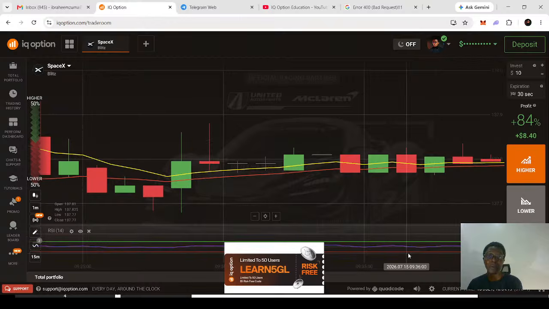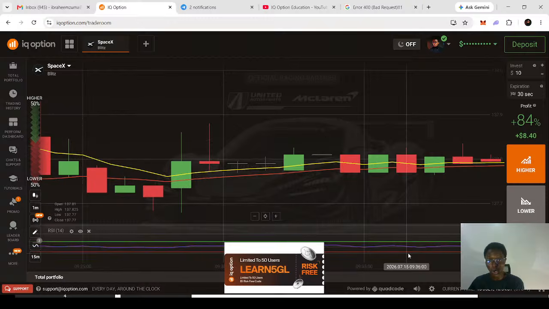It means the sellers are already exhausted, and the market is going to reverse and start going upward, with the momentum shifting from bearish to bullish. So that's what this means.